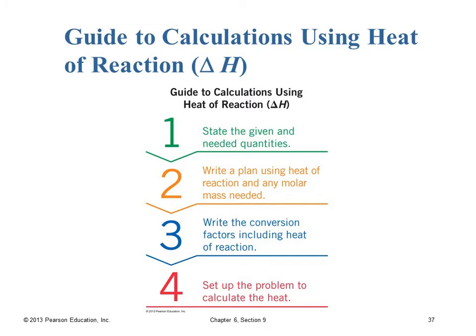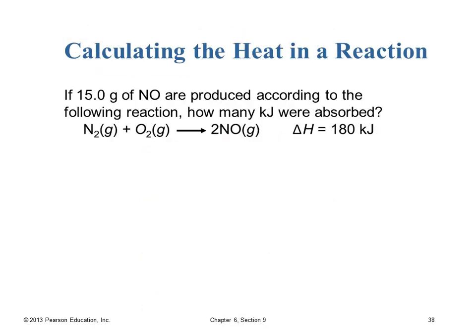All right, let's take a look at solving some problems using heat of reaction. If 15 grams of nitrogen monoxide are produced according to the following reaction, how many kilojoules were absorbed?